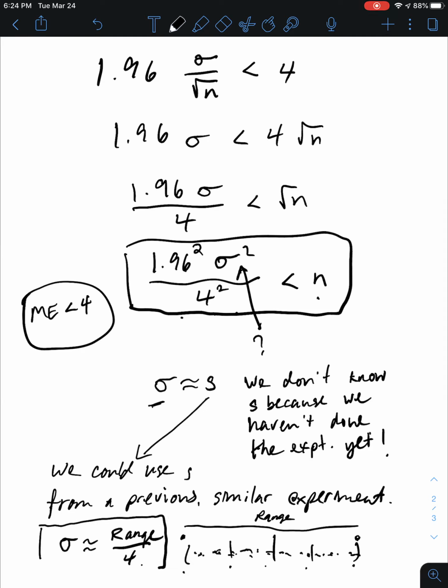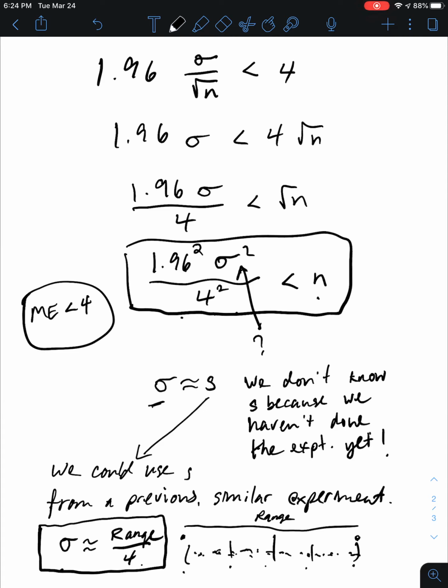We had a bit of a discussion about this, I believe, in chapter 2, early on in the course. This is a little more elaborate discussion, but the end result is the same: in many cases, a reasonable approximation is that sigma, the standard deviation for the population, is approximately the range of all measurements we've observed divided by 4. So you have to have something in order to do this.